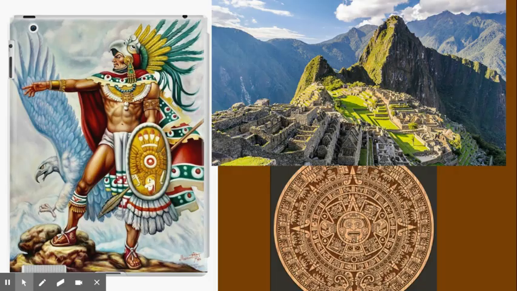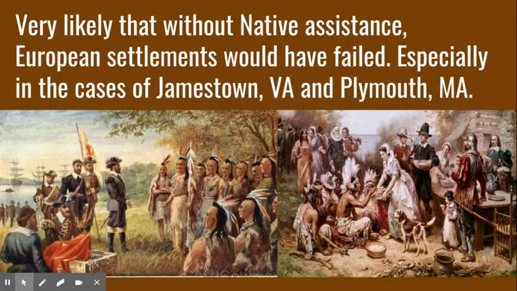No, far from it. In fact, most historians agree that without native assistance, Europeans who came over and tried to settle would have failed. I can tell you for sure, Jamestown and Plymouth, right, are two founding colonies for the United States. Those two places definitely would have failed without native assistance.